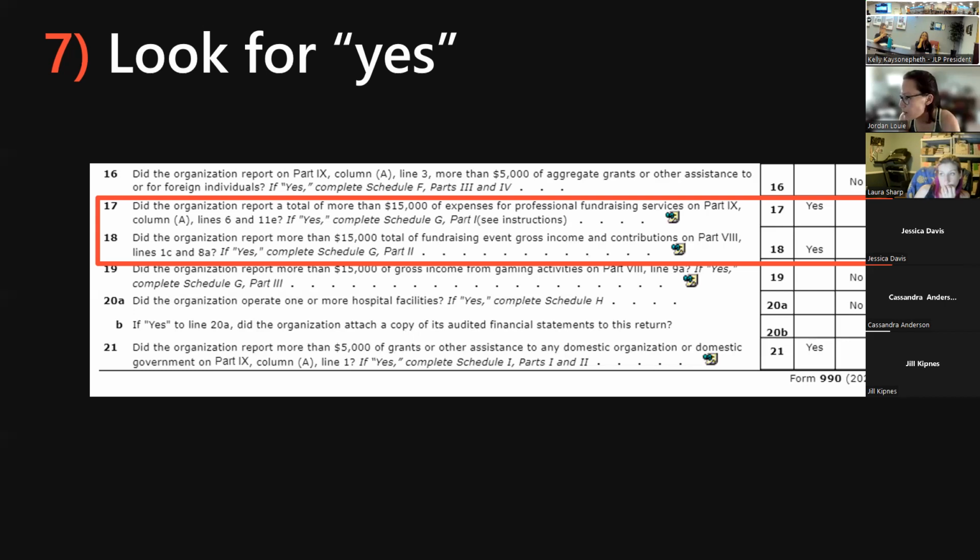I don't have the line in front of me, but another one is, does this organization have an international bank account? Well, the Junior League of Seattle probably shouldn't, but if you're working in any type of international aid, there's an organization in Seattle that works in Vietnam to remove landmines. They have people on the ground in Vietnam, so they would mark yes.